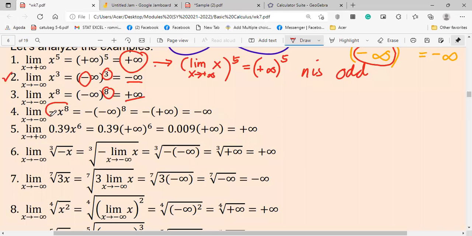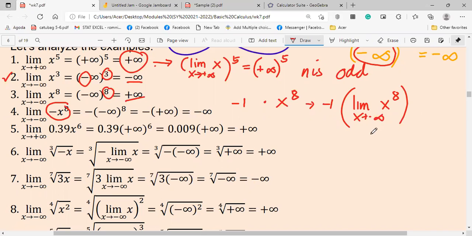Okay, you have to be very careful. Nabubulol tuloy ako. To be very careful on this negative x raised to 8 dahil kapag i-factor out mo yan, that is good as negative 1 times x raised to 8. So kapag gagawin mo siyang limit problem, separate negative 1 kasi constant multiple theorem, negative 1, and then multiply that to the limit of x raised to 8 as x approaches negative infinity.